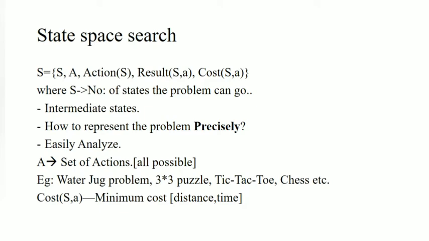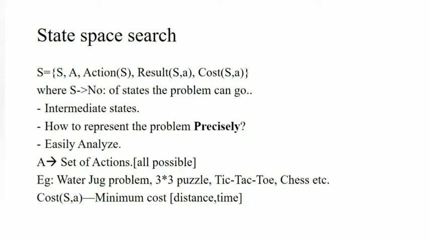And cost S comma A means according to the factors that have been needed or encountered or that should be added to solve the problem. That factor can be your distance, or it can be assigned as unity, or there may be some cost that is assigned while solving the problem.